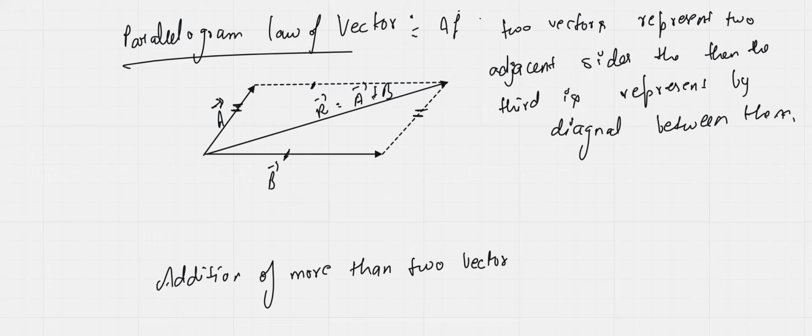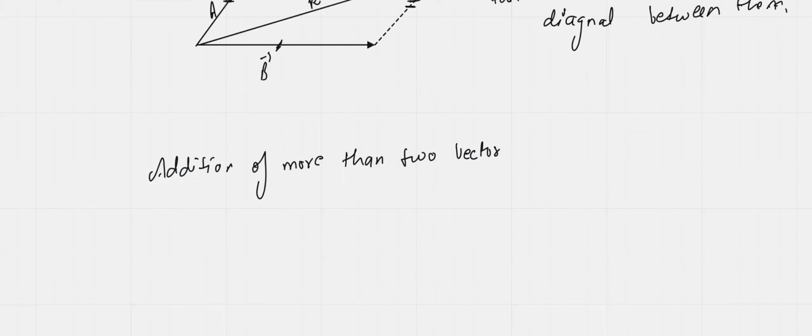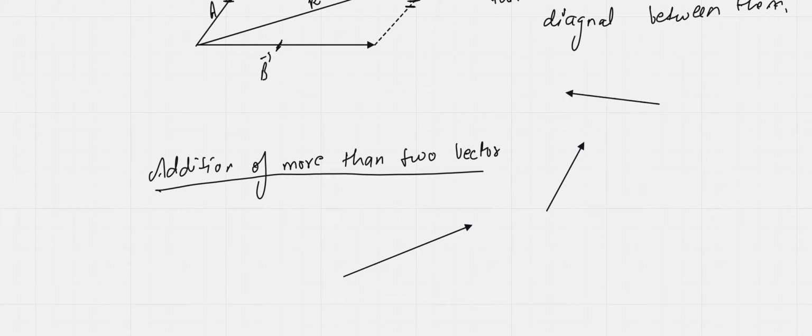Let's say you have three vectors in this situation: one, two, three over here.